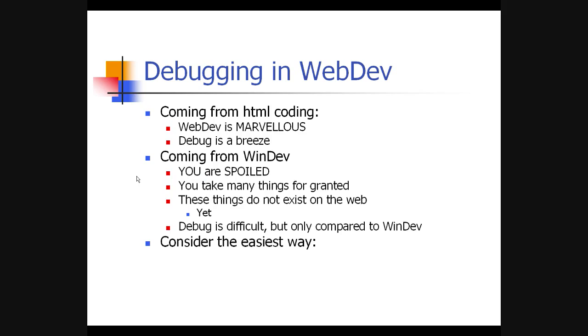So always consider the easiest way. When you have trouble doing something for your website, just don't do it. Remember one thing. You compare your website to what exists out there, to what is working out there. Well, obviously the most successful website out there is something where there's nearly nothing on it.